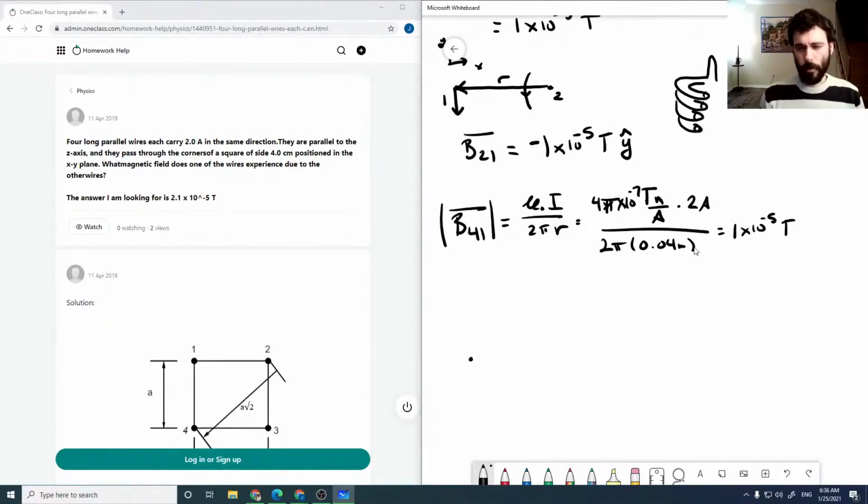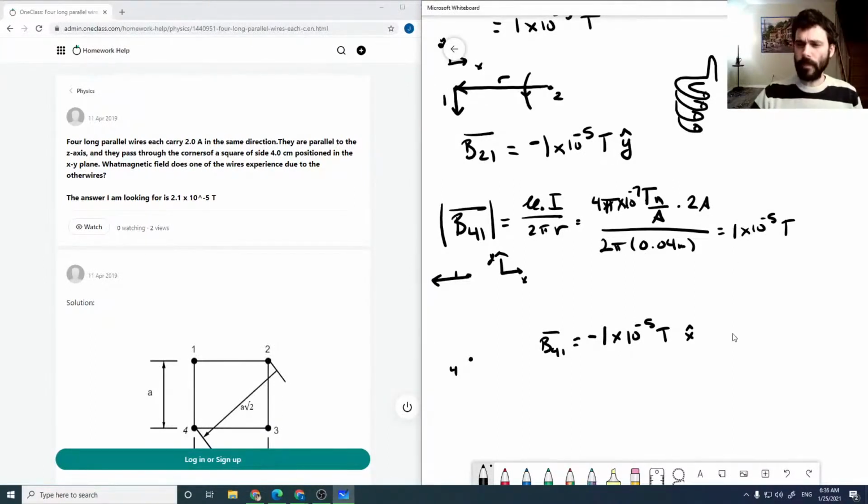But now our 4, 1, applying right-hand rule again, with our thumb pointing out of the page, then we get that the B field will be in our negative x direction now. So B41 vector is minus 1 times 10 to the minus 5 Tesla in the x hat direction.